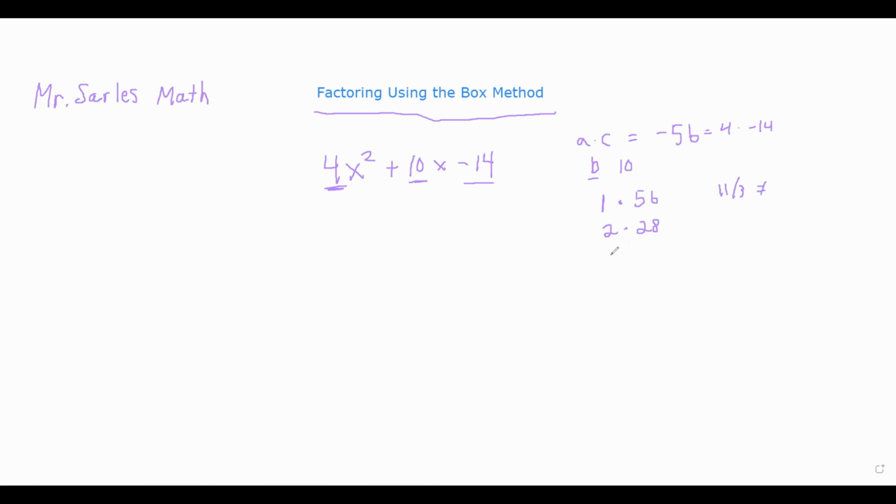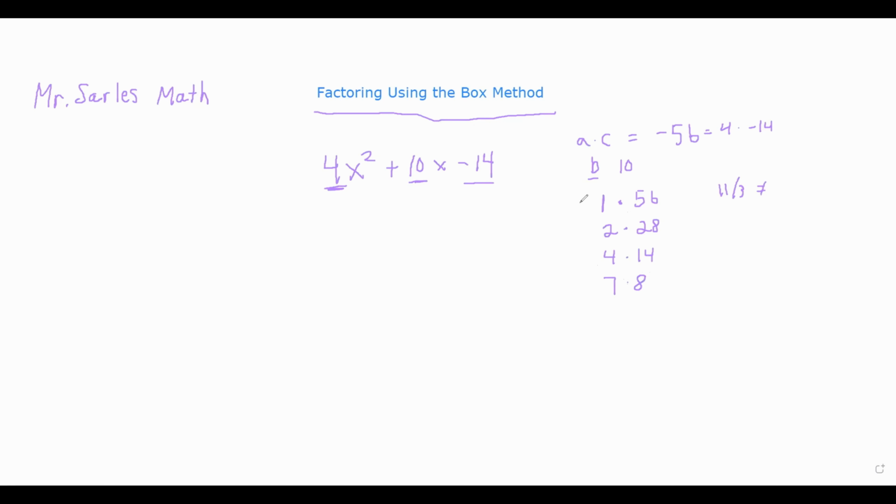So that wouldn't work. Let's try 4. 4 goes into 40 10 times, and that leaves 16. So that would be 4. We'd also do 7 times 8 is 56. I think we could do some more, but let's see if any of these work right now.